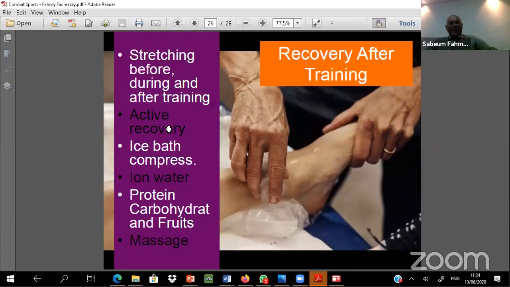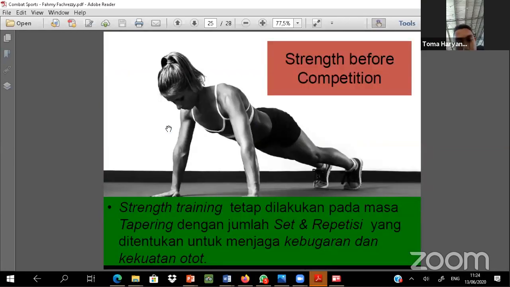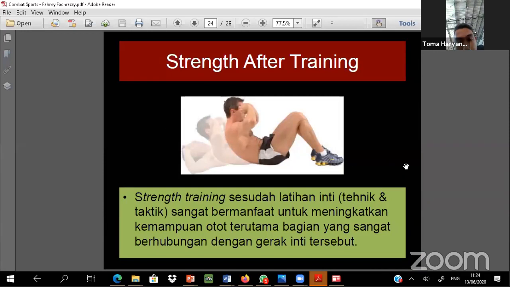Okay. Strength after training is good for keeping your muscle fresh. Give them strength training after the training. So this is very good for your athlete.